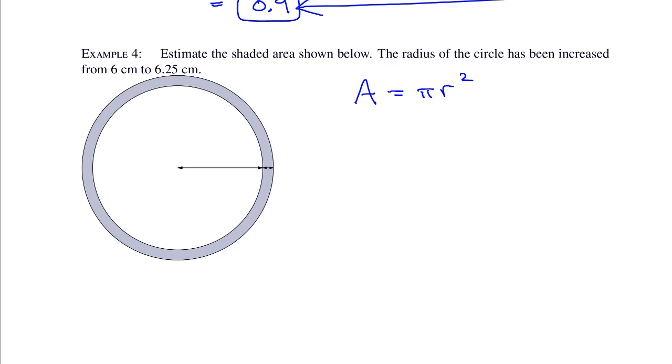Sorry. It's pi r squared. And if you want to use x's, you can use an x for the radius. It doesn't matter. So pi x squared. What is the delta x? What is the change in the radius? 0.25 centimeters.